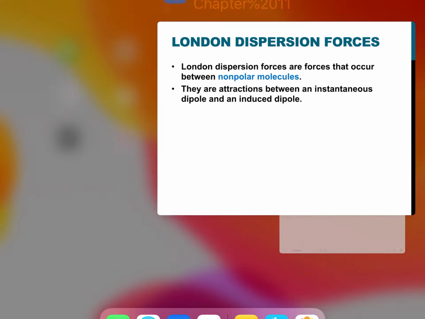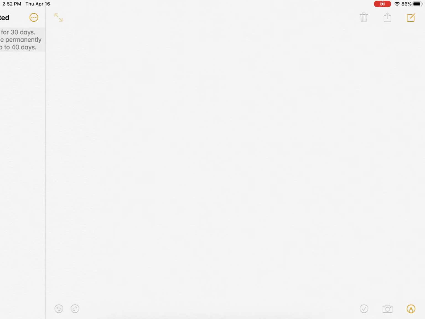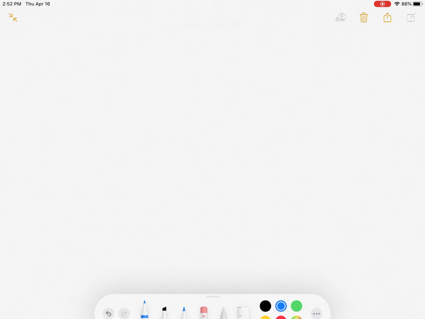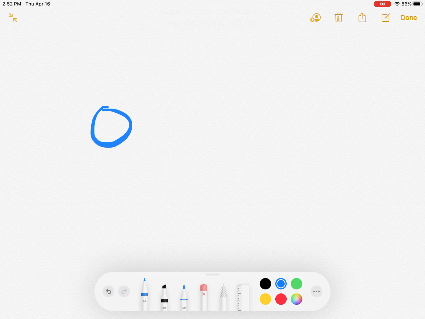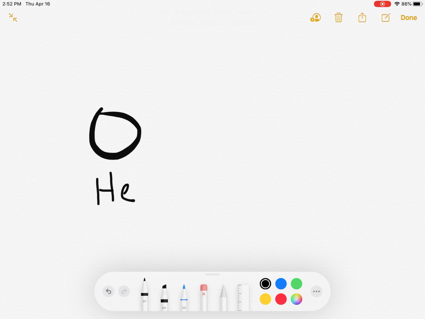So here's what happens in a London dispersion force. So we have a helium atom. And helium has 2 electrons.